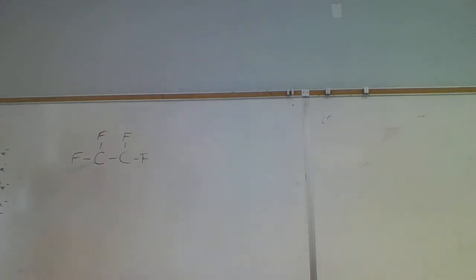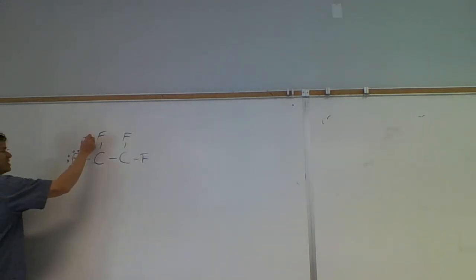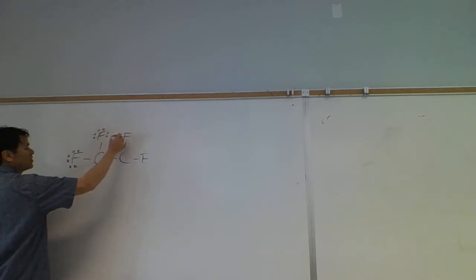Well, how many electrons do we have? 36 total. 36 electrons? So how many have we used? 10? And so we have a lot of extra electrons. What should we do with the extra electrons? Yeah, so go ahead and do that. Fluorine really wants an octet, much more so than carbon.